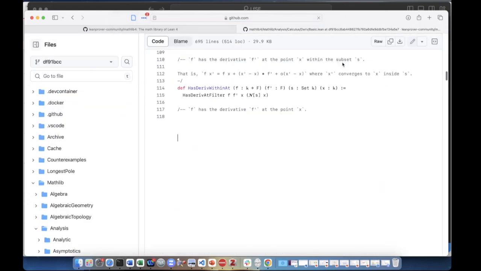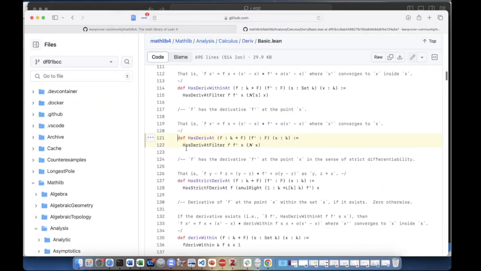And if we come over and look at the source, you can see that this is being defined, it has these inputs to the function. It's being defined as has deriv at filter with f f prime x. This squiggly n is a set theory notation that you'll learn about when you get into filters, and then x.